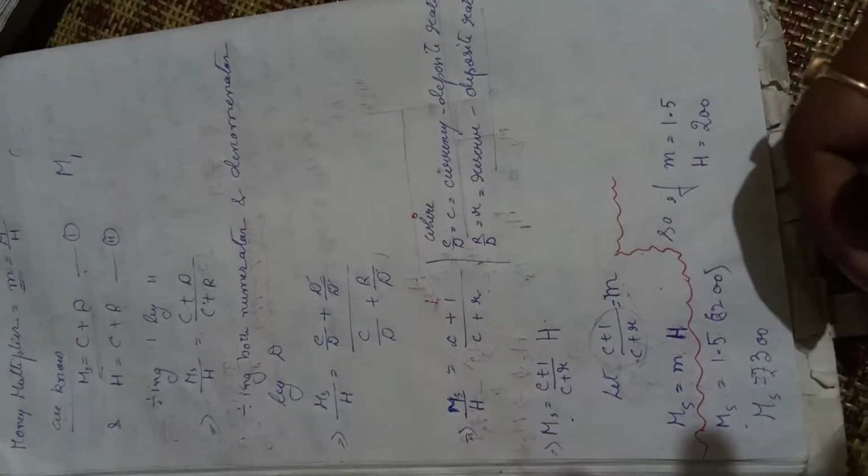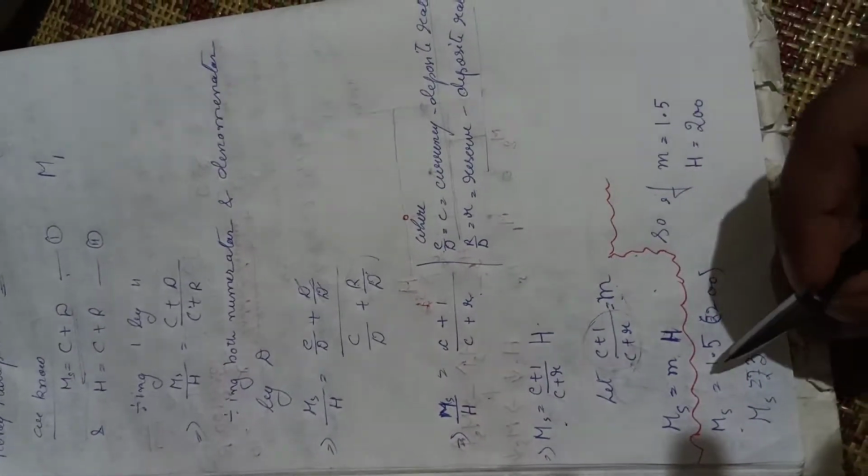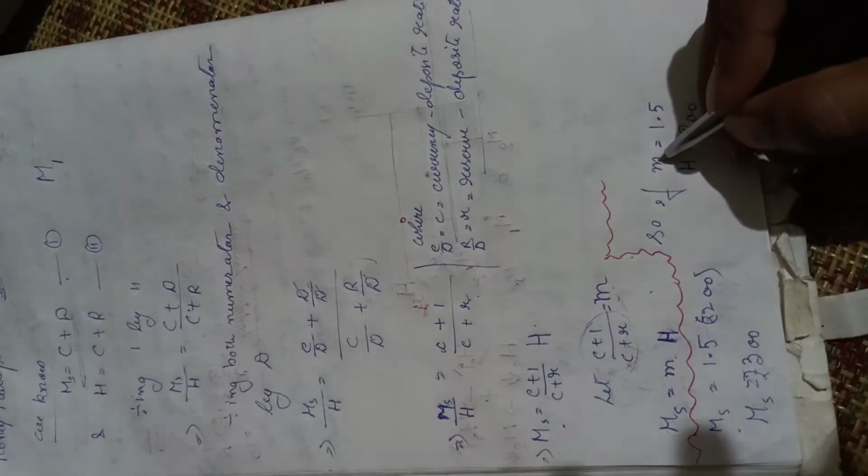Thus the size of money supply depends upon the size of high powered money, and also upon the value of the money multiplier. Suppose it is given that the value of money multiplier is 1.5 and H equals 200, high powered money is equal to 200.